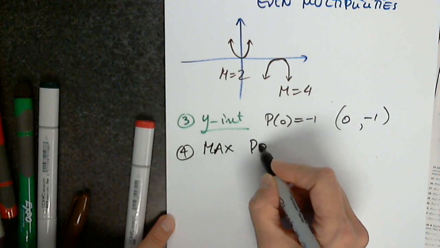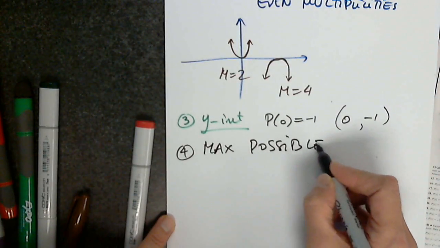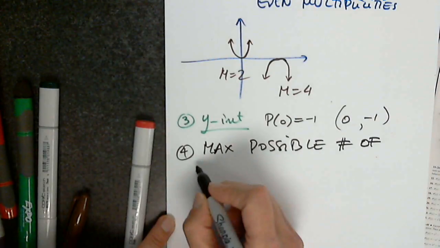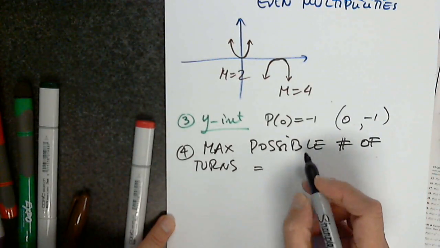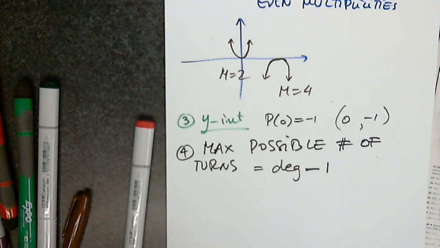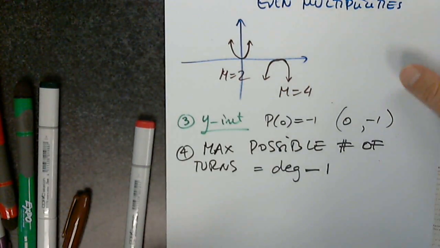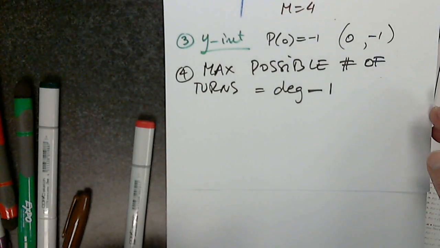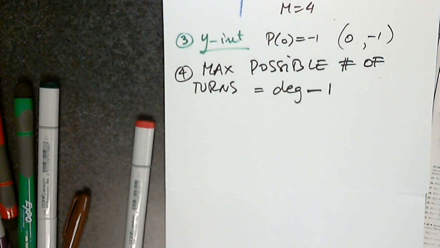Maximum possible number of turns is the degree minus 1. Maximum possible number of turns is the degree minus 1.